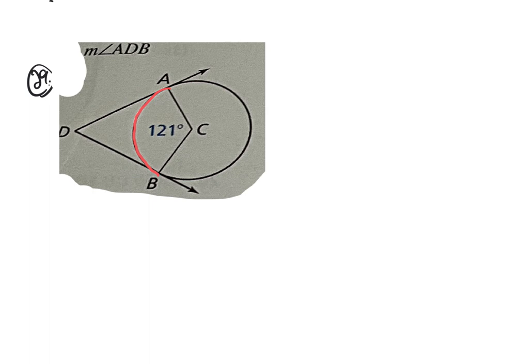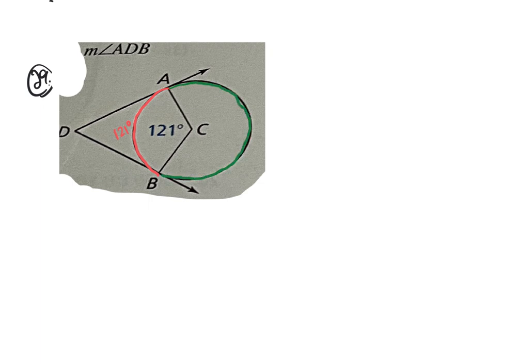And we have a theorem again from the previous chapter that the angle at the center is going to be equal to the arc. So since the angle at the center is 121 degrees, the arc is going to be 121 degrees.